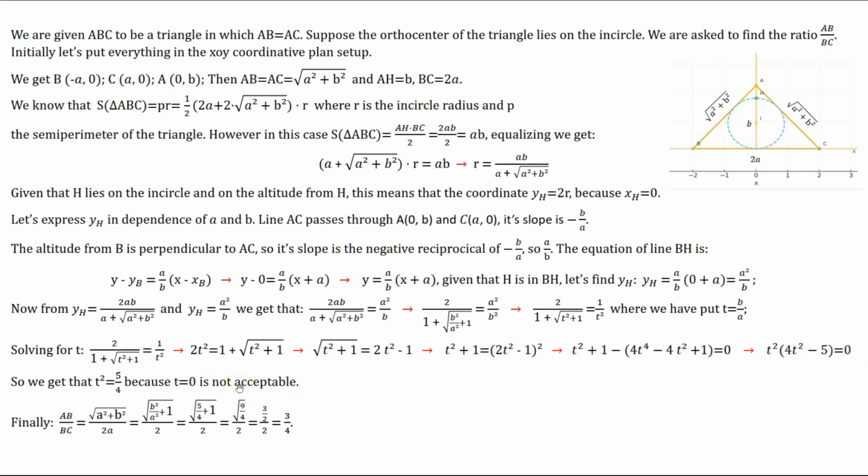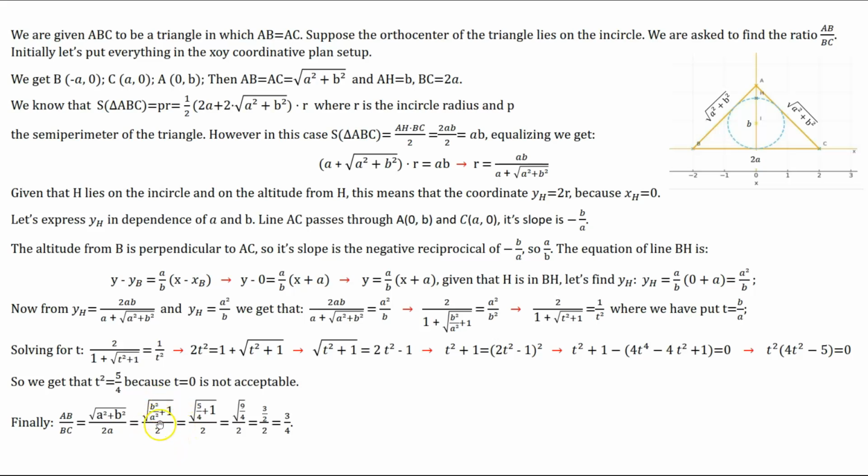Now, what can we do with this expression over here? We want to find the ratio AB divided by BC. But up here we have said that AB is equal to the square root of A squared plus B squared, while BC in this case is equal to 2A, because we have expressed it over here. So by doing some simple calculations, we will get that this factor is equal to square root of b squared divided by a squared plus 1, all of it divided by 2.